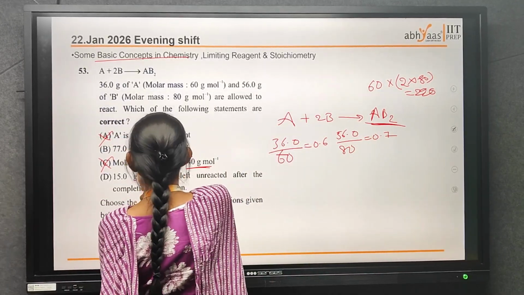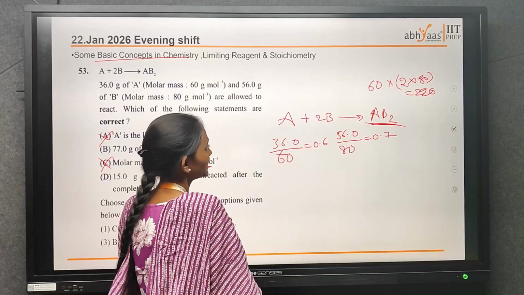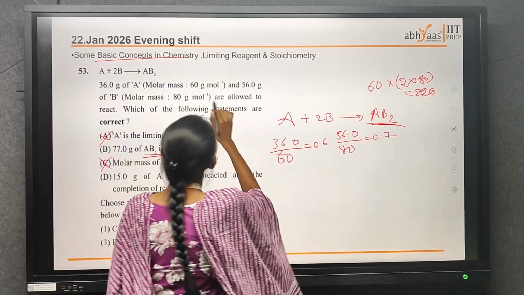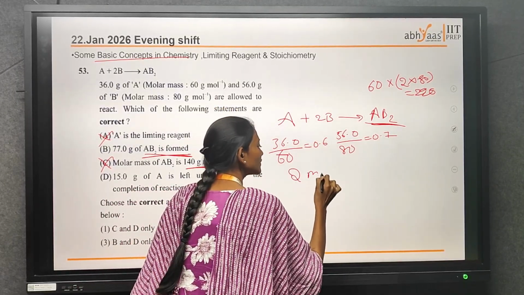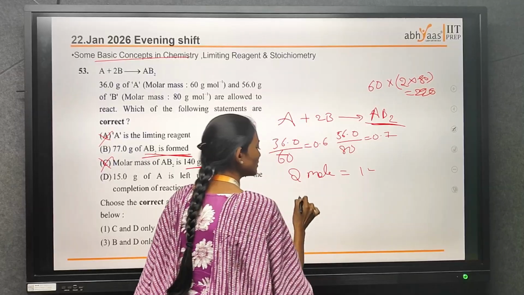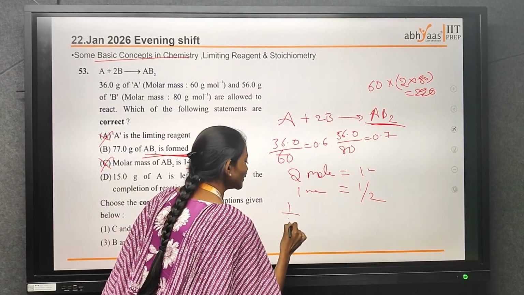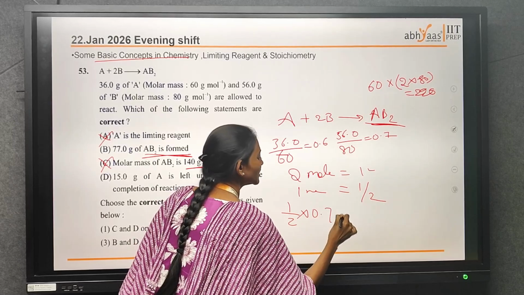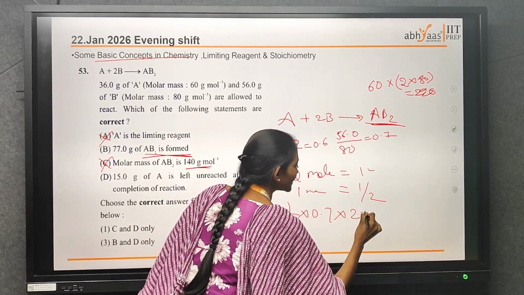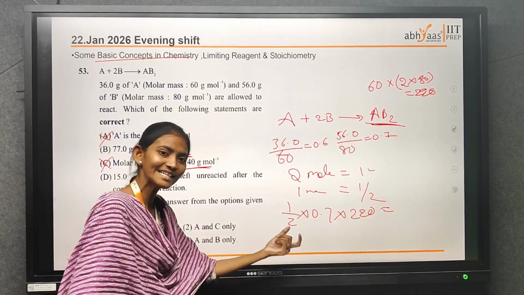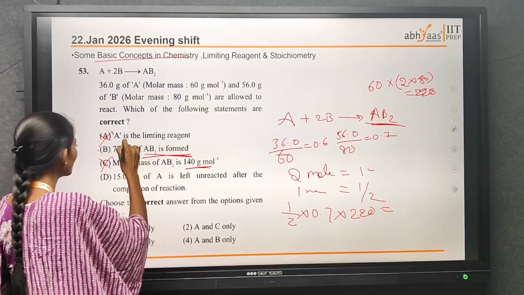For AB2 formed, they are telling 77.0 grams. We need to check. 2 moles of B gives 1 mole of AB2, so 1 mole is equal to half. Then it is half into 0.7 into 220, the molecular weight. Upon doing this, you will get exactly 77, so this option will be correct.